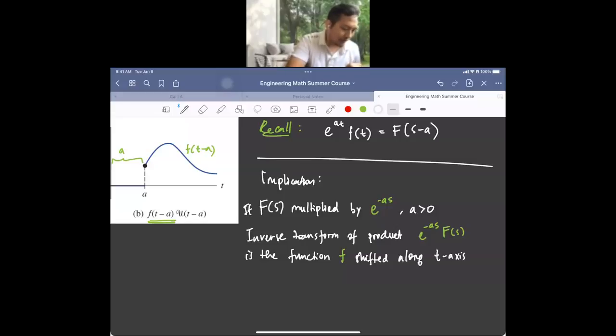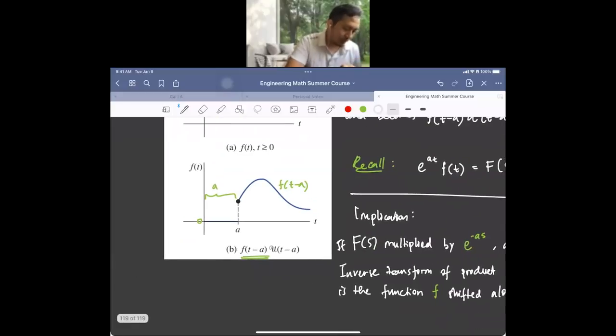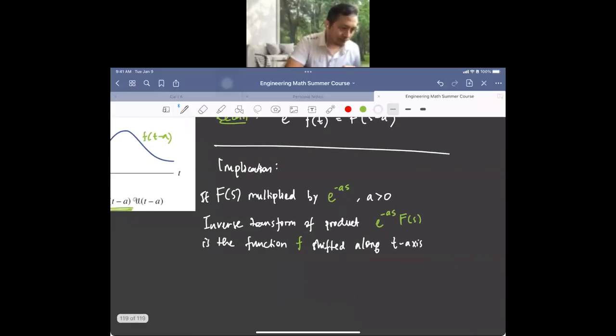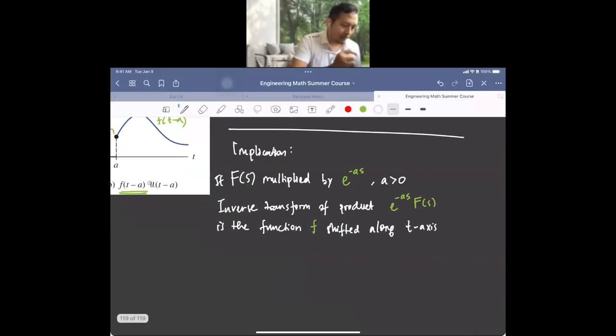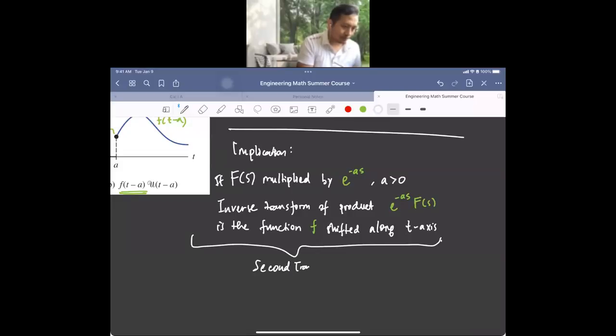As we can see from the graph here, it's shifted a units. This is what we call the second translation theorem, or second shifting theorem.